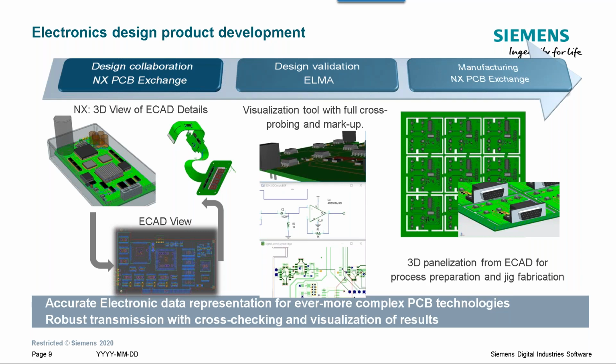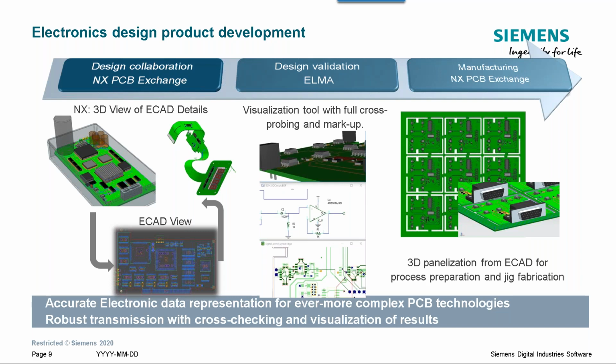At the second stage, you have the design validation. Before going to manufacturing, you need to make sure that your ECAD and MCAD domains are synchronized. We have a set of tools within PCB Exchange, whether it's validation reports or design rule checks, but we can also integrate to another Siemens tool called ELMA for visualizing those changes with markups.